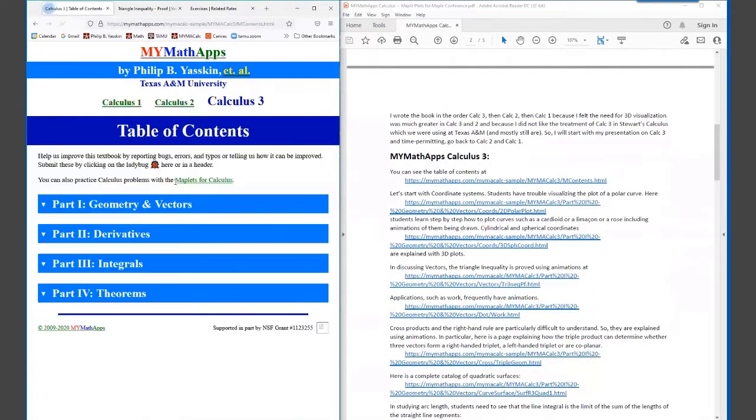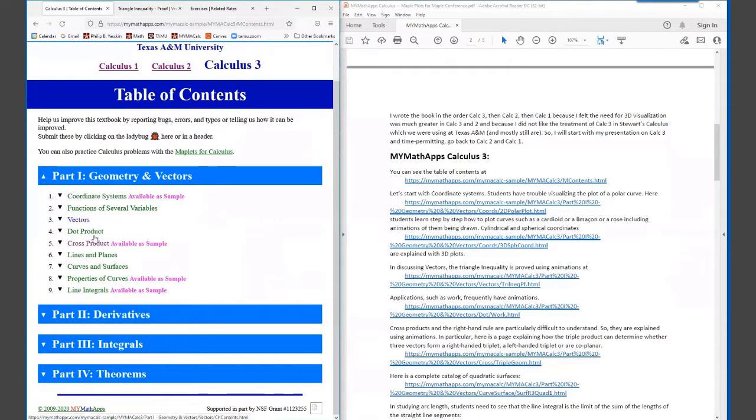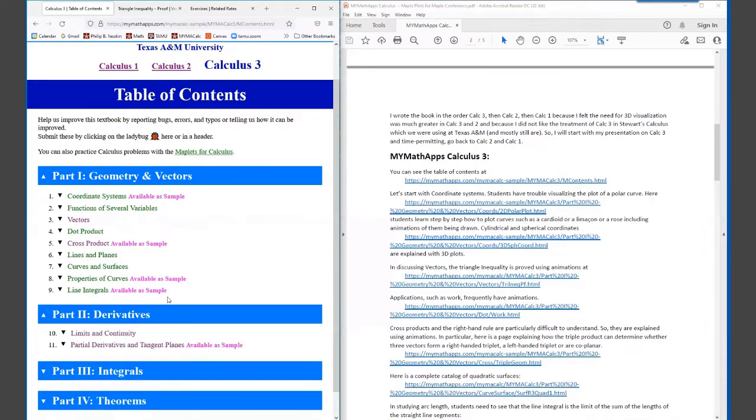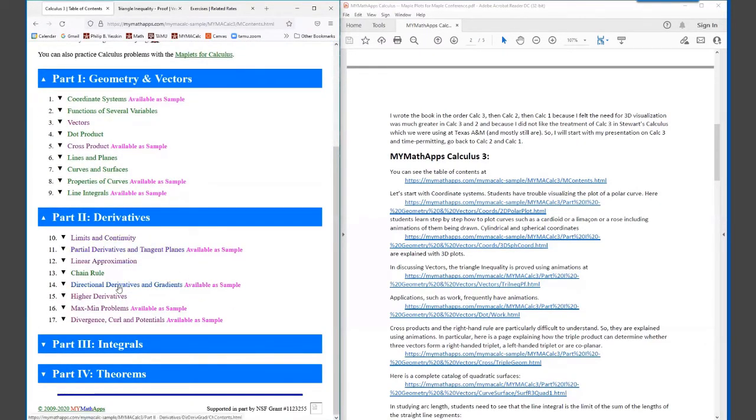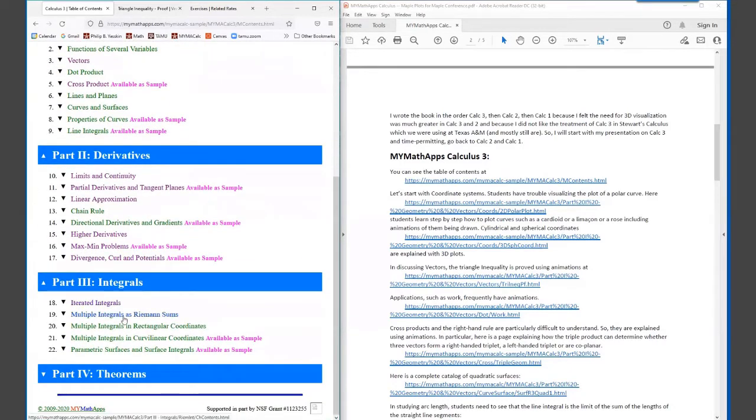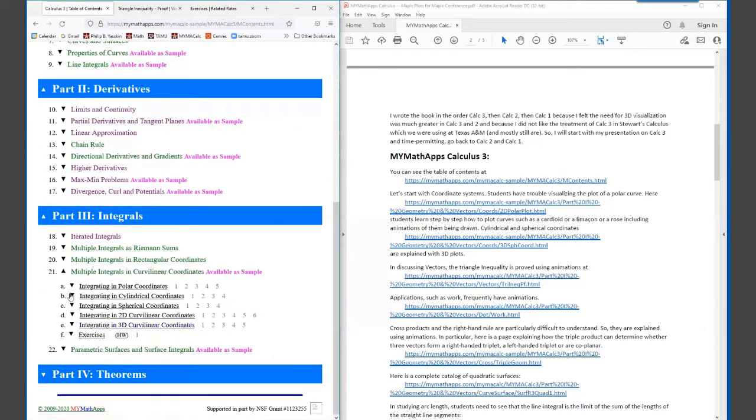And so here is the table of contents for Calc 3. It's broken up into 4 parts: geometry and vectors, dot products, cross products, properties of curves, line integrals, then derivatives, limits, partial derivatives, chain rule, directional derivatives, max-min problems, divergence and curl and potentials, then integration, first in Riemann sums, and then rectangular coordinates, followed by curvilinear coordinates, such as polar, cylindrical, spherical, and eventually general curvilinear coordinates.